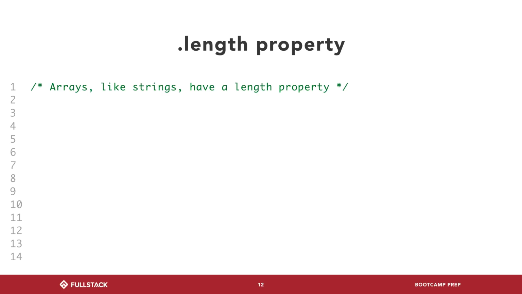So the first one, ironically, is something that's not unique to arrays because we see it in strings as well: the .length property. Notice how it's a property, and because it's a property, we don't need to invoke .length. It's not a function; it's a built-in property.